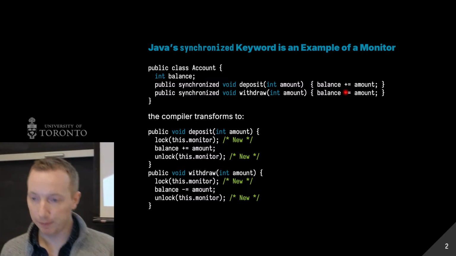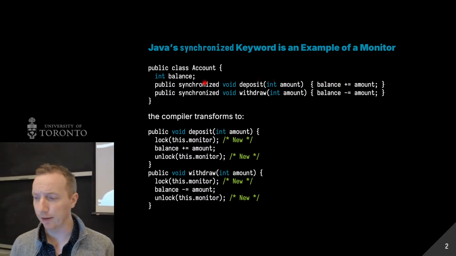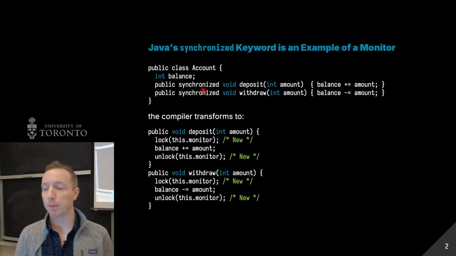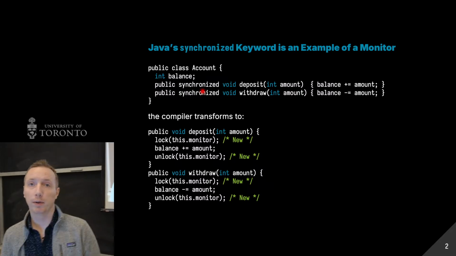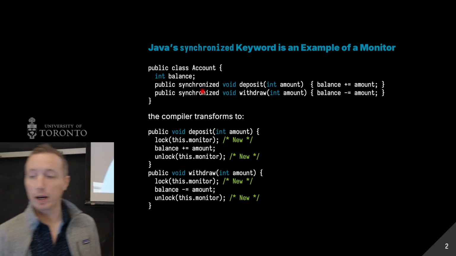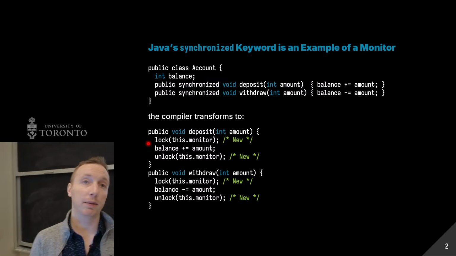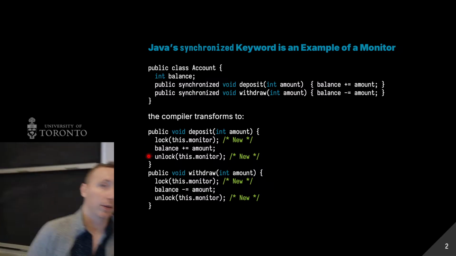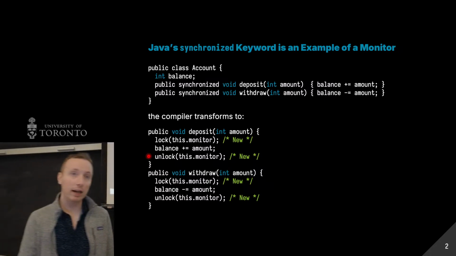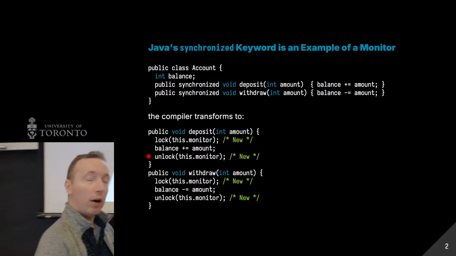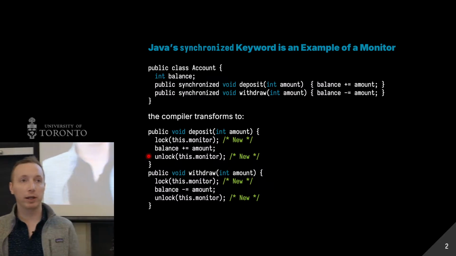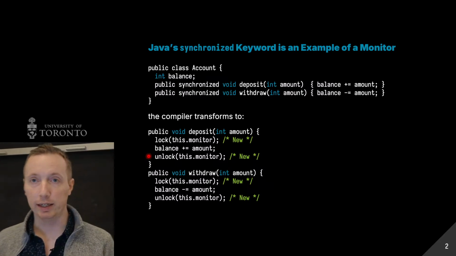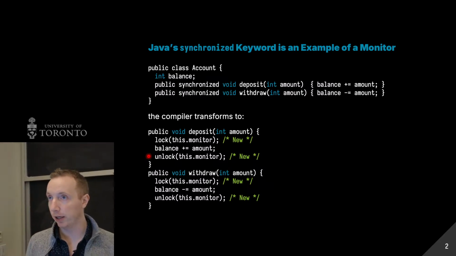Well, in Java, we can just say, hey, it's synchronized. What the compiler will do is, for any synchronized method, insert a call to lock at the beginning of the method and then a call to unlock at the end of the method. This makes sure that between all your synchronized methods, only one of them can be running at any given time. Therefore, you will not have a data race.